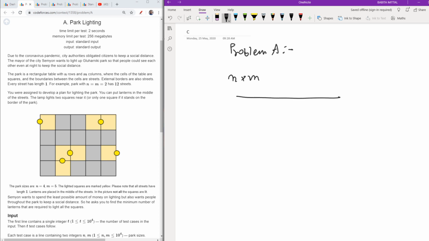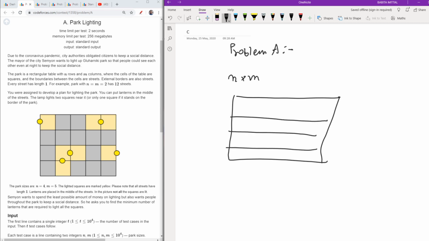Let's suppose we have a 4 cross 5 matrix. So 1 2 3 4 and 1 2 3 4 5. Actually these are the places, and these are their boundaries, and we have to place a street light at one edge.